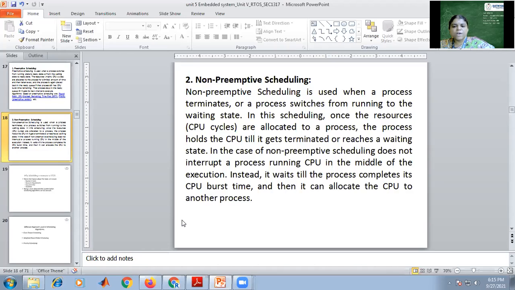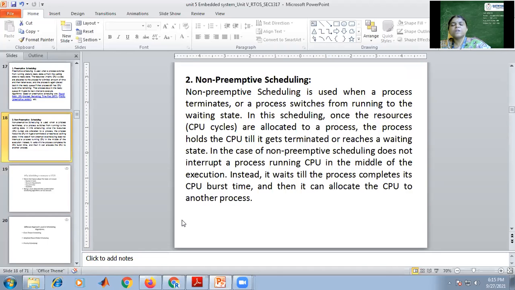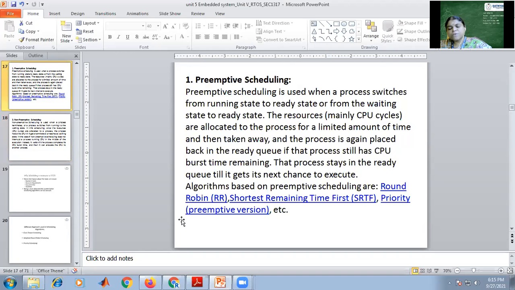So in non-preemptive scheduling, it does not interrupt the process running on the CPU in the middle of execution, but instead waits till the process completes its CPU usage time, and only then is the CPU allocated to another task. So those are the two different methods of scheduling.